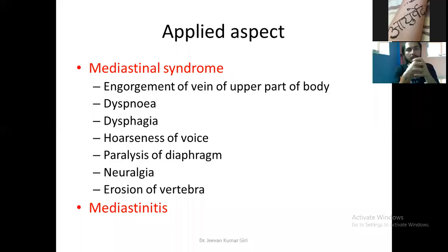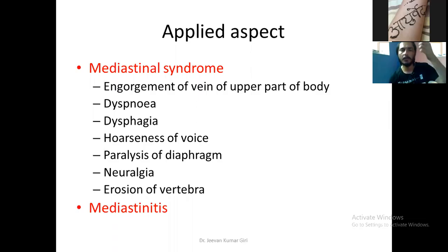If growth is there, it is going to compress the surrounding structures, isn't it? So if the growing tumor is going to compress a vein, let's say the superior vena cava, which is also there, then what will happen?